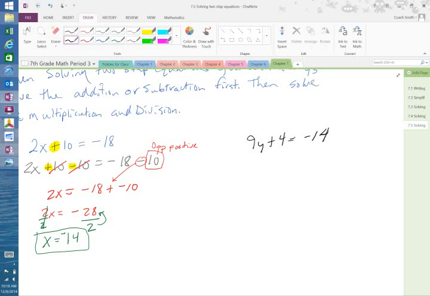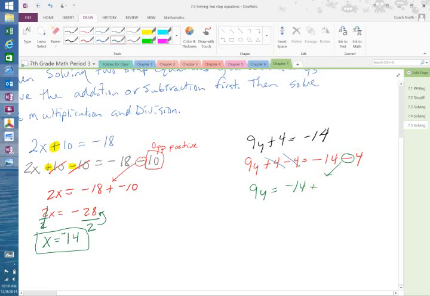Now, let's see how we got negative 2. We start by saying 9y plus 4 minus 4 equals negative 14 minus 4. Okay, on the left side, the plus 4 and the minus 4 cancel each other out, giving me 9y equals negative 14. Change that to addition. Do the opposite of that, which is negative 4.